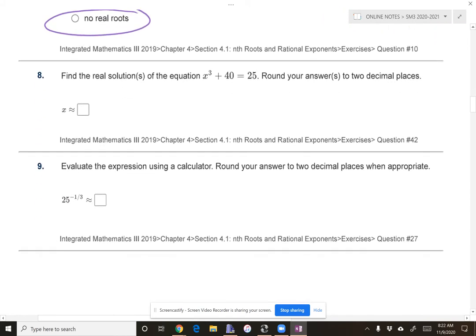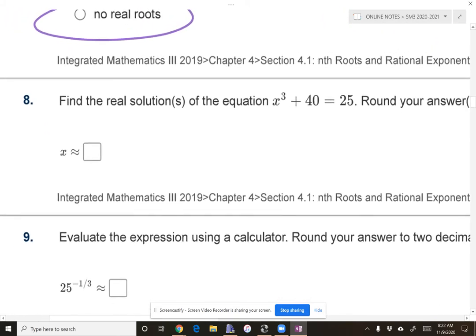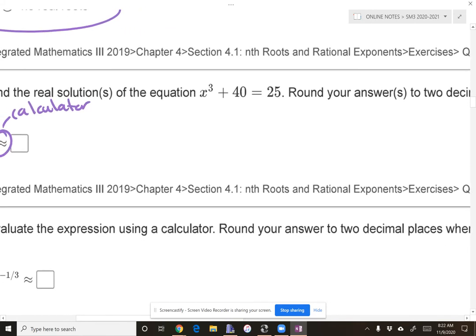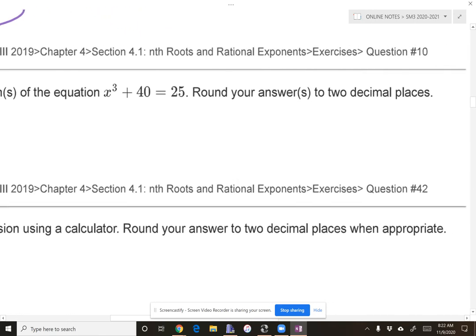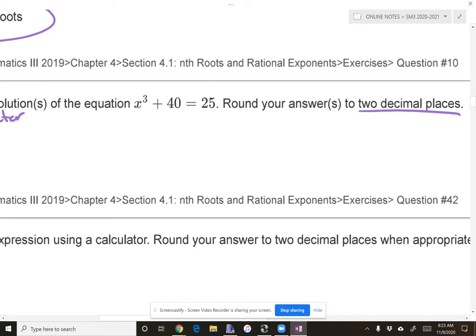Okay, number 8, find the real solutions. If you see this sign, you should know that you have to use a calculator, and you're going to end up rounding. Okay, so it says find the real solution of the equation, round your answers to 2 decimal places. So I'm getting x by itself, so I'm going to minus the 40, and I get x cubed equals negative 15. Okay?